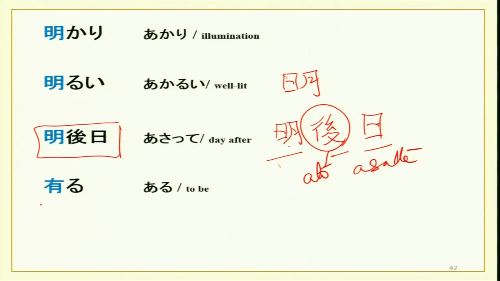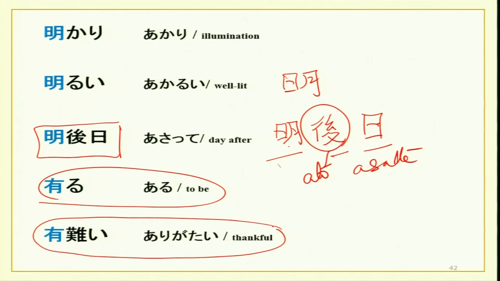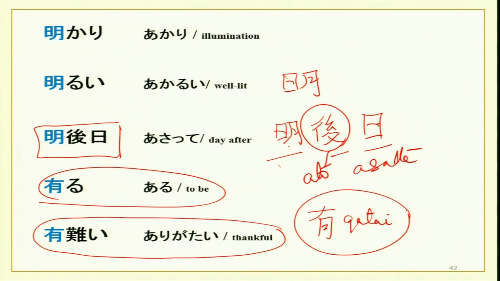Then we have aru, I just told you aru, and arigatai, same character, ari and gatai. Arigatai is thankful for something. These are some characters. You have already done the words, you do not have to worry, you just need to see the characters again and again, and I am sure you will be able to read next time you see it, even if you are unable to make it.